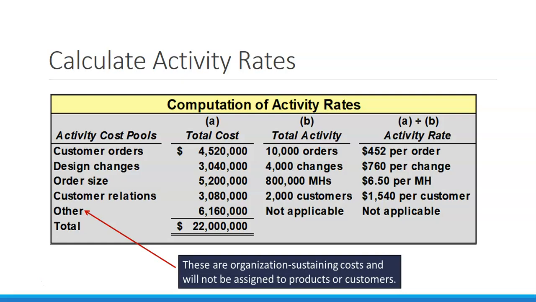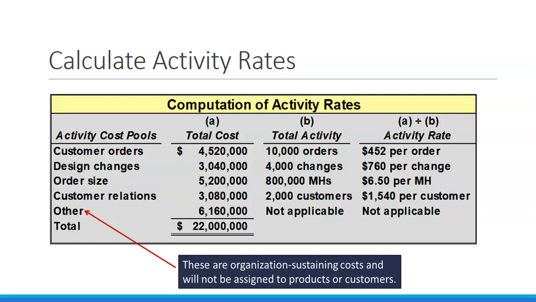So for customer orders, we've determined that our activity rate is $452 per order. Design changes, $760 per design change. Our order size is $6.50 per machine hour. And customer relations is $1,540 per customer.